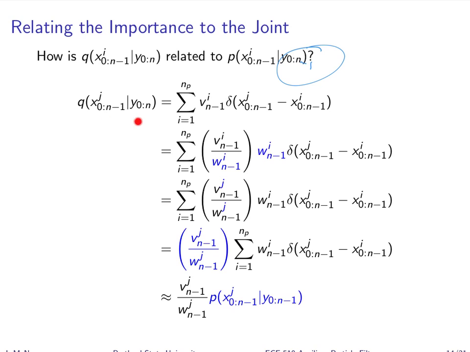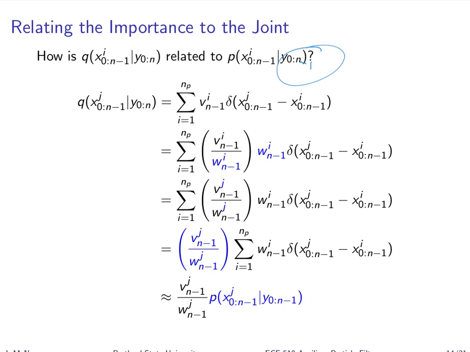We say we're going to choose our importance density, so it's now given by these parent weights times the same particle trajectories. We can, of course, multiply and divide by the same number. Because these are impulses of the trajectory from j, I can change the index from i to j, pull that outside the sum. This is just what the previous joint was, and so we end up with this ratio times what the joint was at the previous time step.